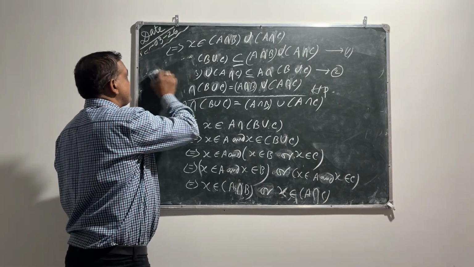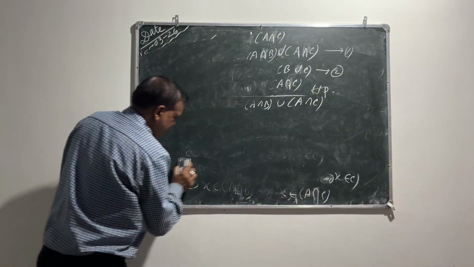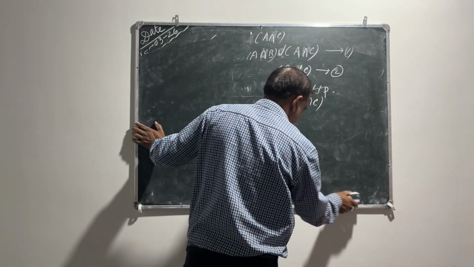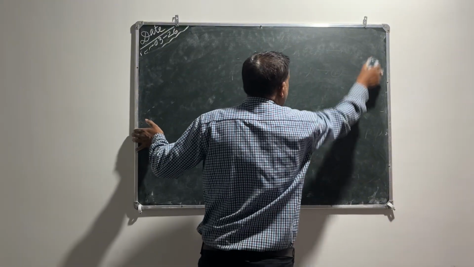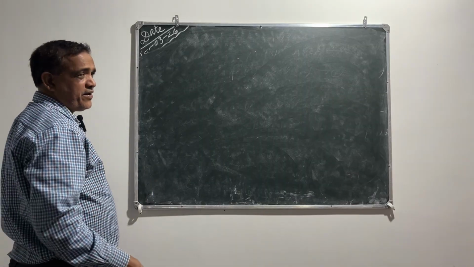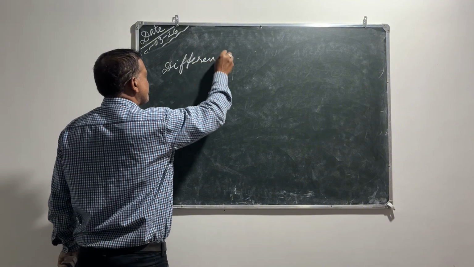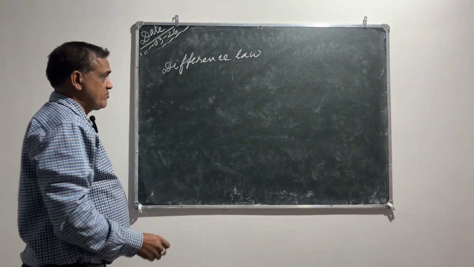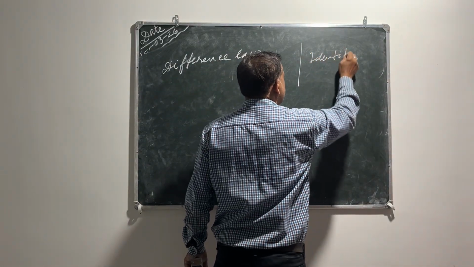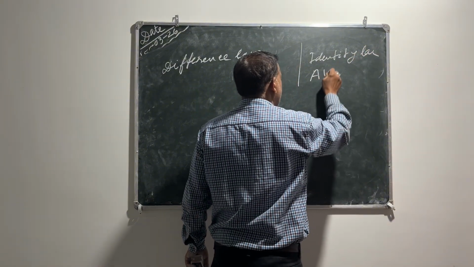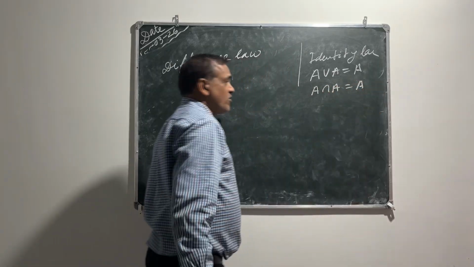Let us see the next one. Next one will be the identity law. The identity law is A union A equal to A, and A intersection A equal to also A. This one is called the identity law.